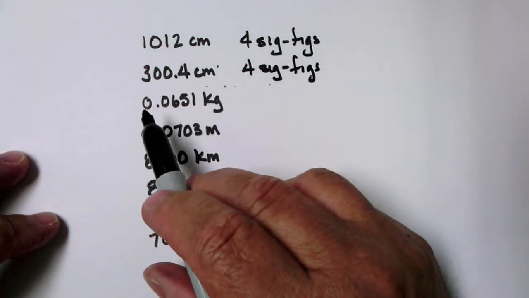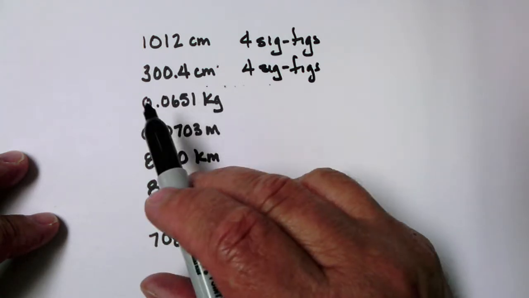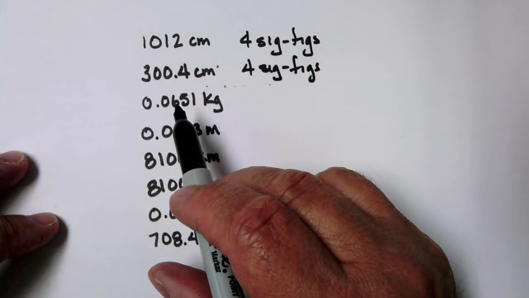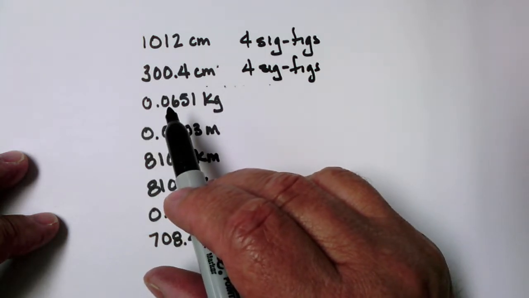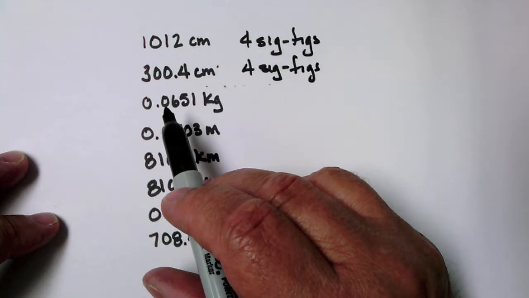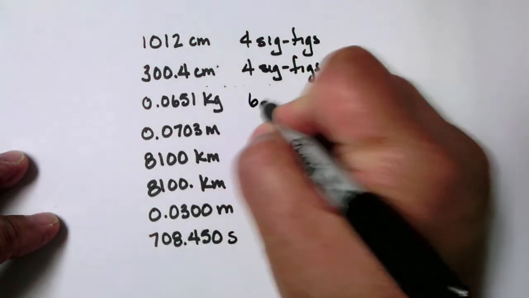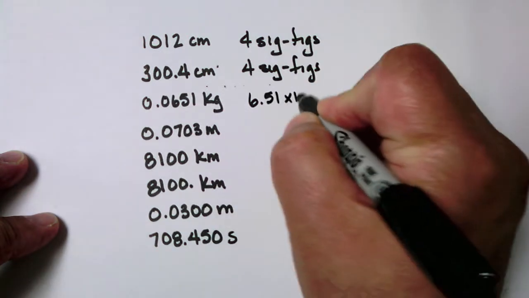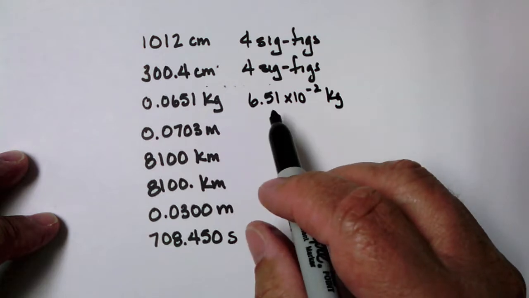This next one, 0.0651 kilograms. These zeros coming to the left of the first non-zero digit are leading zeros. And as a result, they are not significant. They're not significant because we could rewrite this as 6.51 times 10 to the minus 2 kilograms without losing any precision.